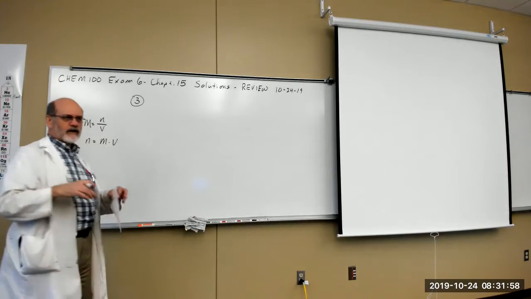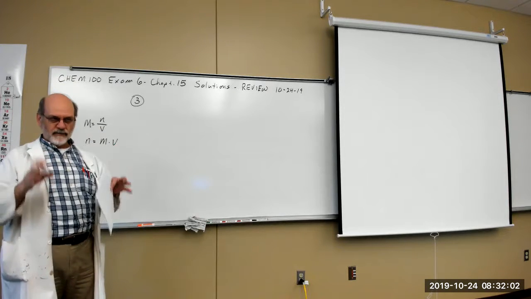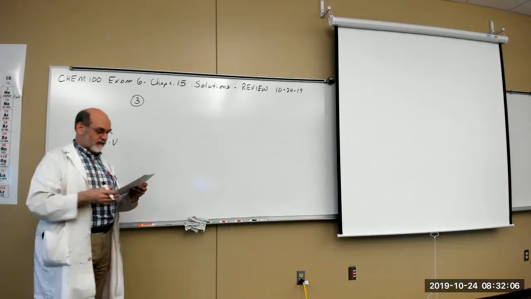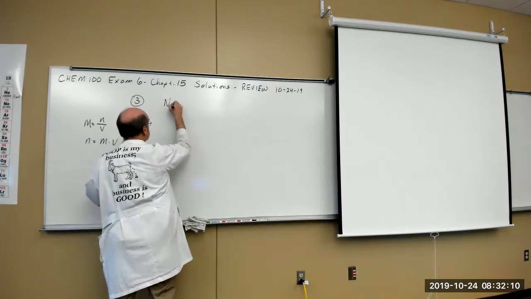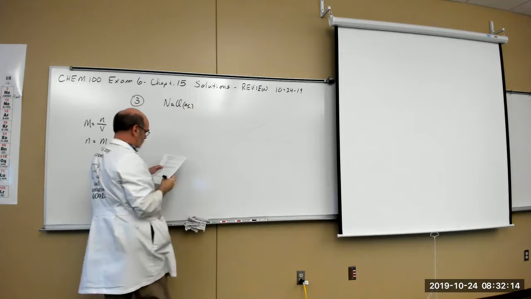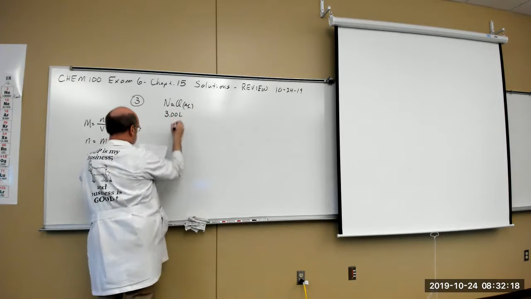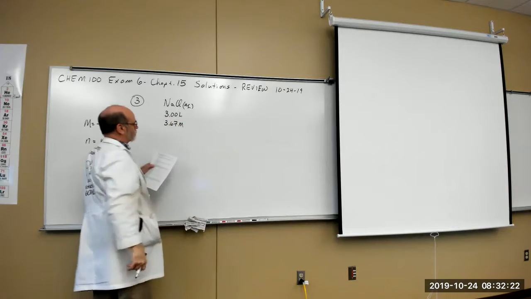Okay, so what do you need for a reaction, a balanced equation? So we're going to put these two solutions together. The first solution starts out as sodium chloride in solution, right? And we're told that we have 3 liters of this one at 3.67 molar.